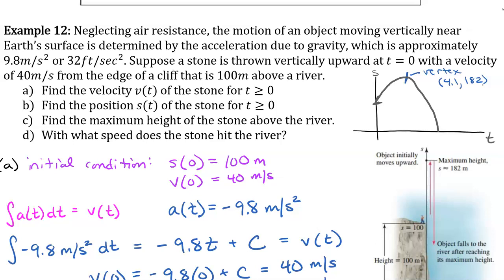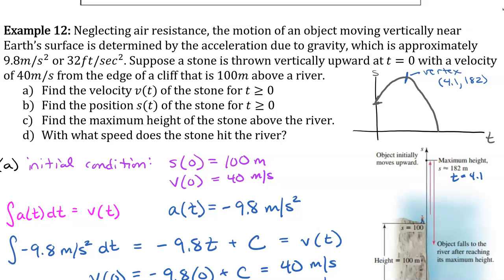So at 4.1 seconds, it starts falling back down. At what speed does the stone hit the river? Well, at this point, our acceleration is no longer negative.